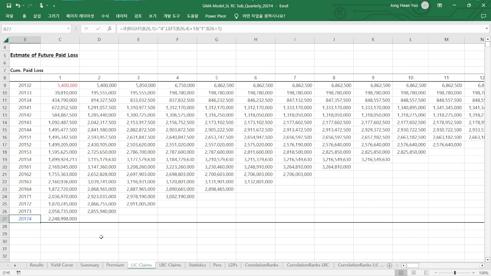And I did some database work to come up with how I can decompose calendar year losses into accident year and development year losses. That's actually what I was able to do.